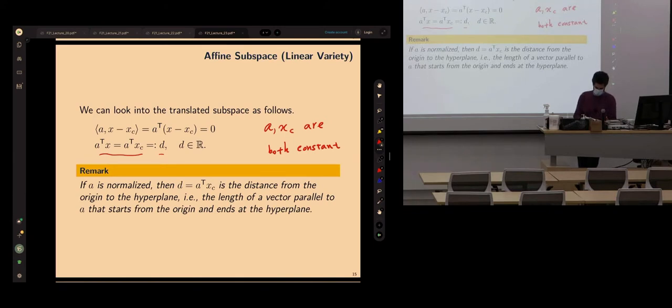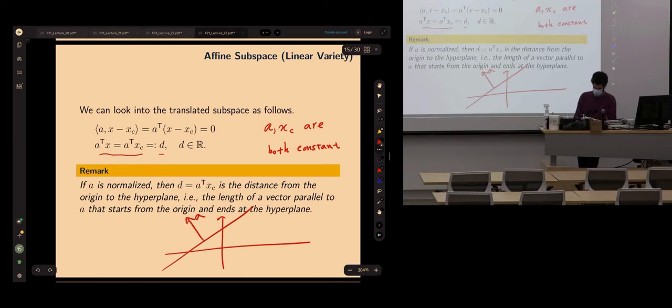Now, if A is normalized, then this is the distance from the origin. You might wonder why that's the case.